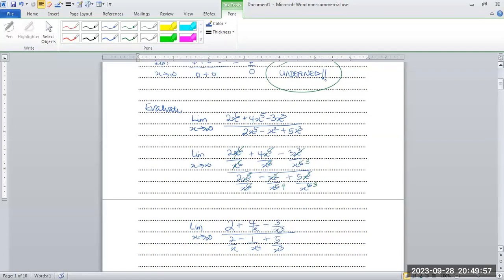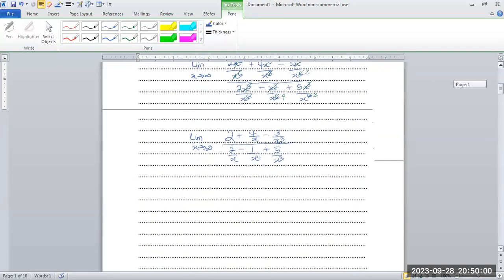And then I'll make a statement to say as x tends to infinity, 4 over x, 3 over x cubed, 2 over x, 1 over x to the 4th and 5 over x all tend to 0. My mind is moving faster while the eraser is not working.